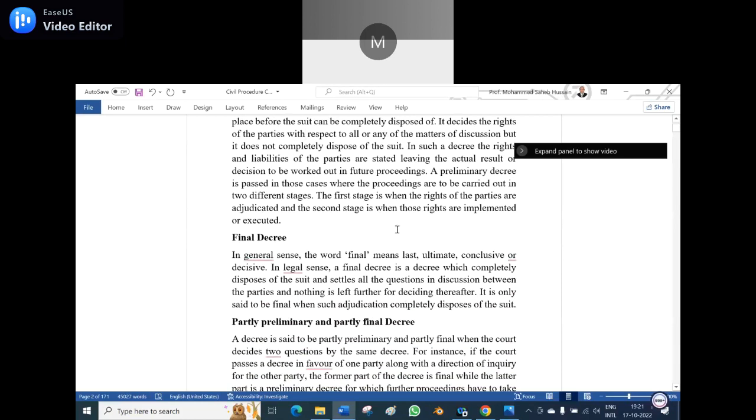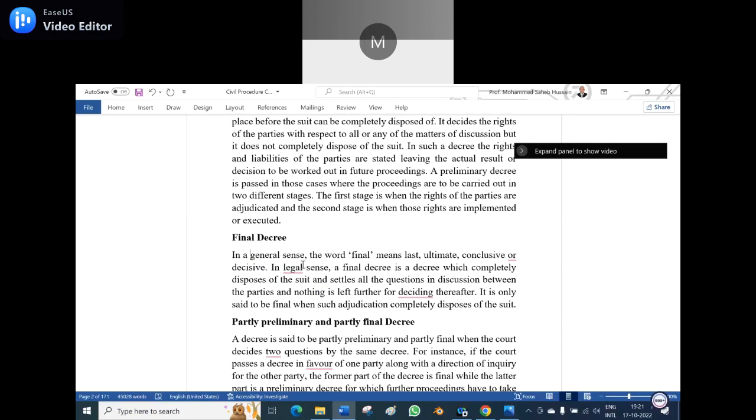Then the final decree. The final decree is a disposition of the case. In a general sense, the word final means last, ultimate, conclusive, or decisive.